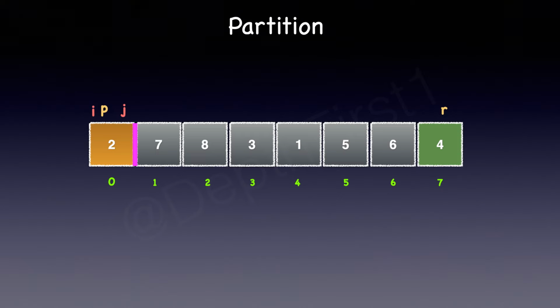So j now advances to the next element, 7. 7 is greater than 4 so we do nothing and move j to the next element, 8. 8 is also greater than 4 so we do nothing and move on to the next element, 3. Now 3 is less than 4, so we will increment i, and then we need to swap the values at i and j. After swapping, we'll move j to the next element, which is 1.